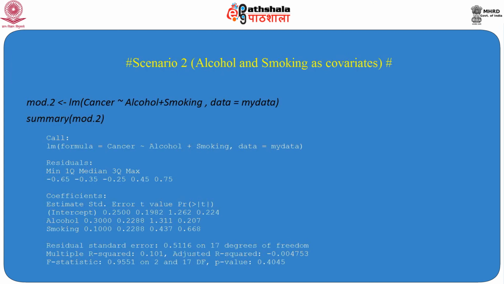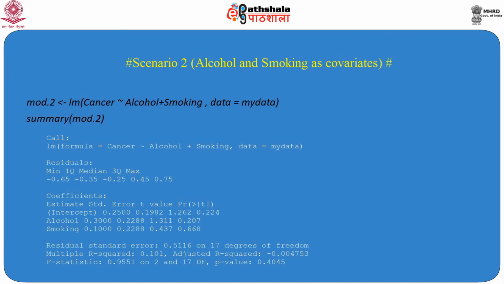For both terms the standard error is 0.2288. The t value for alcohol is 1.311 and for smoking 0.437, with p value 0.207 for alcohol and 0.668 for smoking. Both p values state that separately, alcohol and smoking have no significant contribution to cancer.